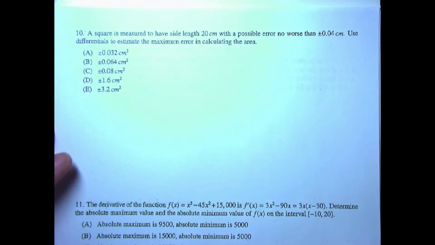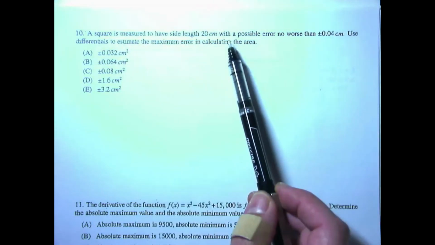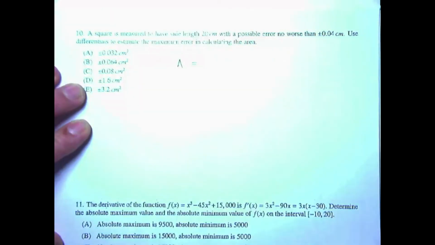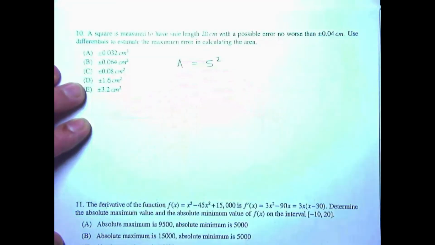So if I have an equation, help me out here, what describes the area of a square? Area of a square is given by just its side squared, right? Area is equal to side squared.